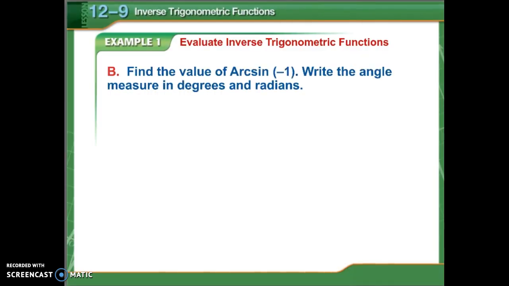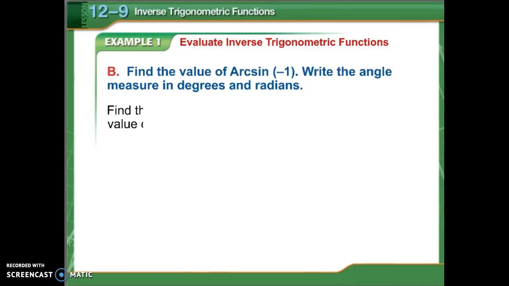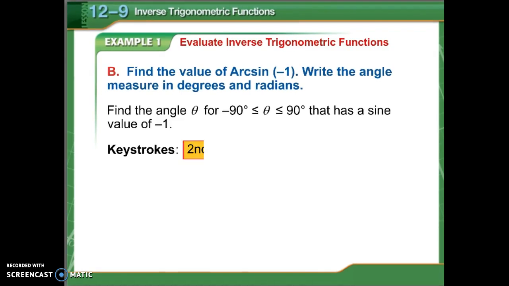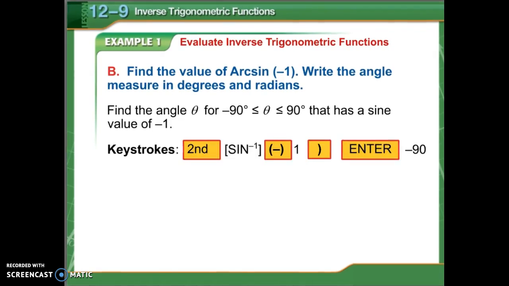Part B, we're going to find the value of arc sine of -1, and we're going to write the angle measurement in both degrees and radians. So looking on the unit circle between -90 and +90 degrees. You could do this on the calculator also, but I like the unit circle personally.